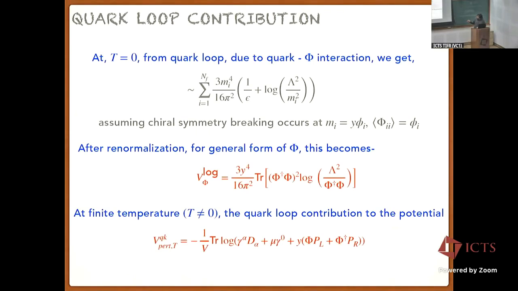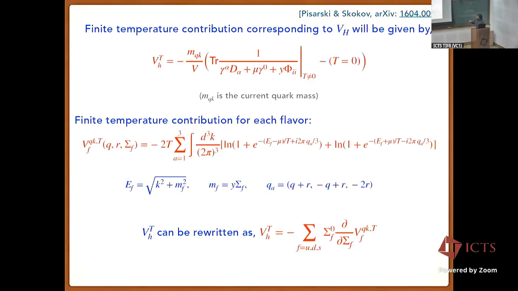Here this integral is not ultraviolet, but when you do the finite temperature calculation, you can separate the zero temperature part and the finite temperature part, and when the zero temperature part diverges, you get rid of it by renormalization.